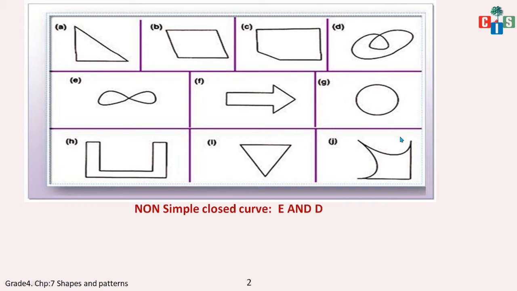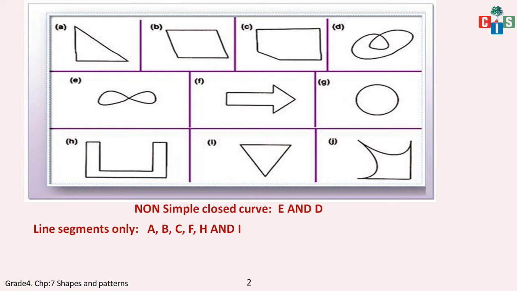Simple closed curves are further divided into line segments only, curved lines only, and line segments and curved lines. For line segments only, we have the figures A, B, C, F, H and I. These six figures are simple figures wherein only line segments are used to make closed figures.